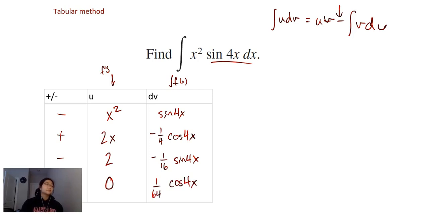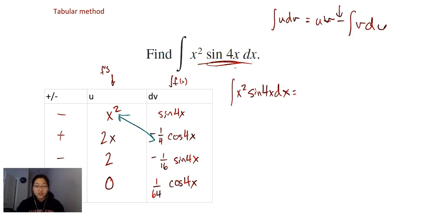And now you read your table. Looking at this, that's going to be equal to uv, looking this way, which is going to be x squared times negative 1/4. So that's negative x squared over 4 cosine 4x.